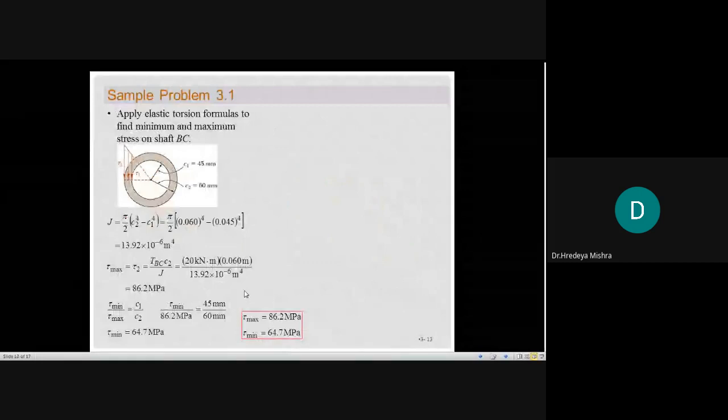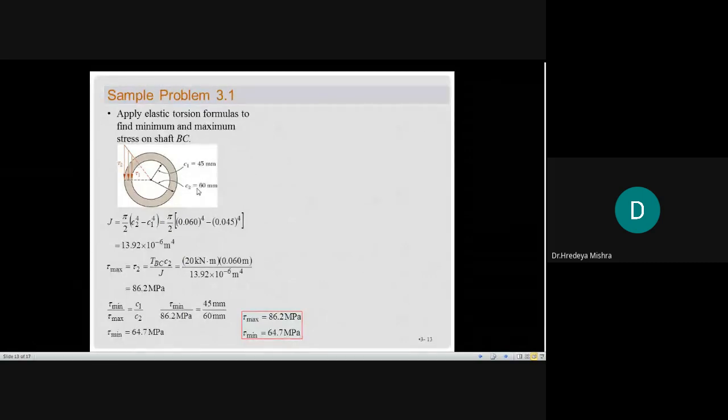So apply the elastic torsion formula. Find out the maximum stresses on the shaft. This is a hollow shaft, as explained in the problem. Diameters are given, so on the basis of the diameter we see 45 and 60.